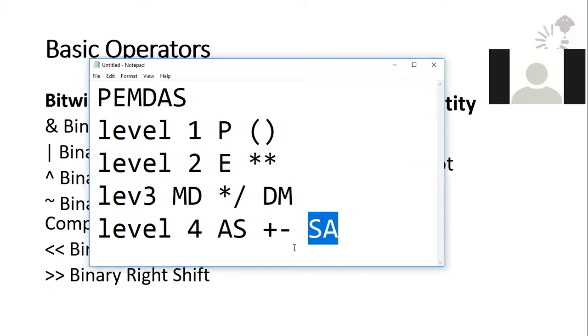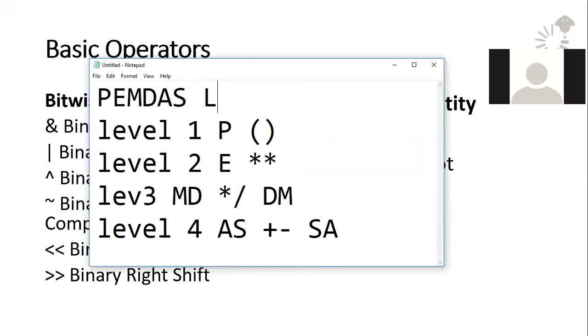Sino nauna, ma'am? Naunang magpakita. Naunang what? Nauna sa PEMDAS, ma'am. Nauna sa PEMDAS, edi nauna siya. Si multiplication. Ma'am, yung nauna po doon sa binigay na problem. Left to right, ma'am.